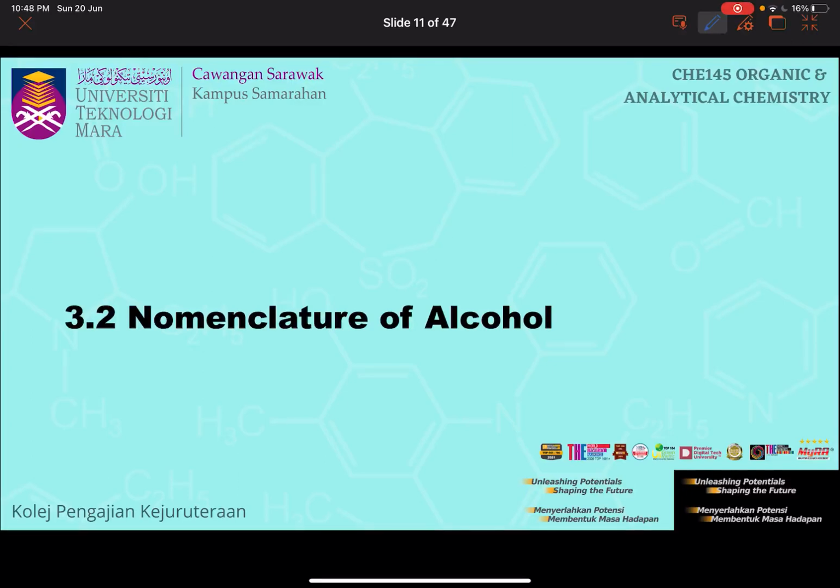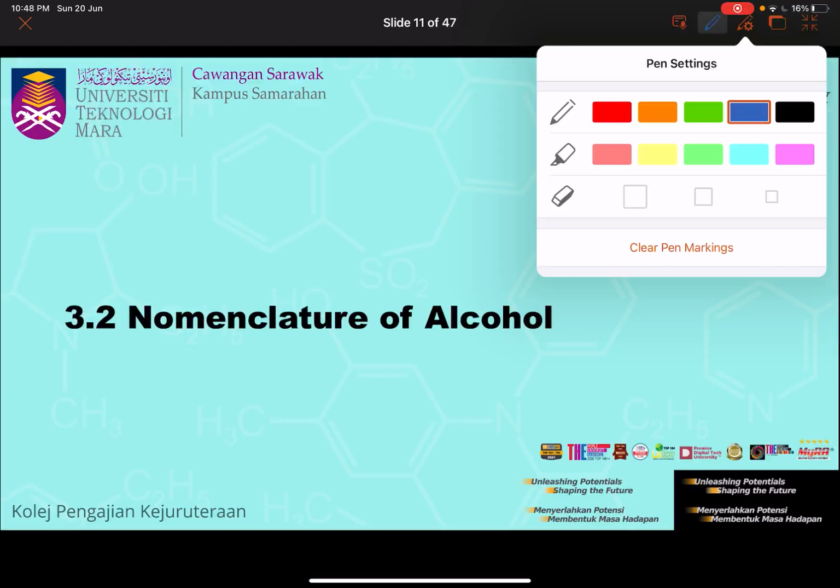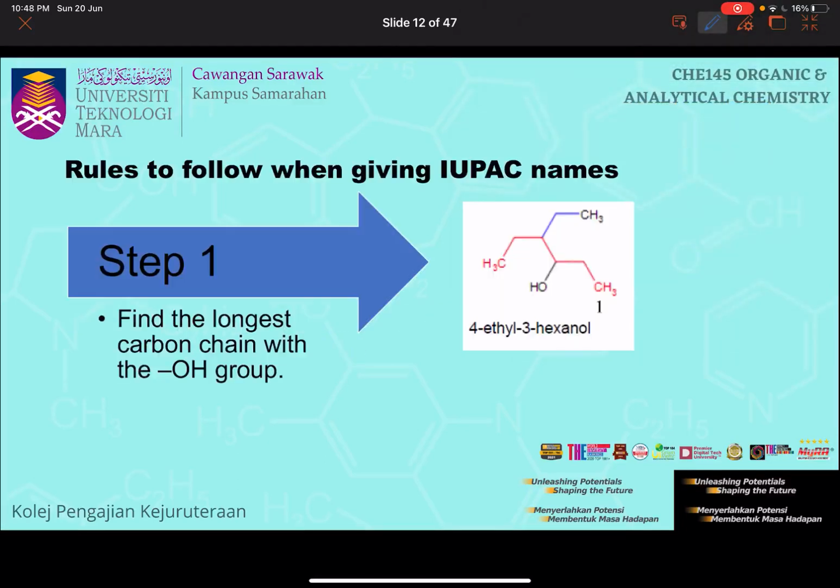Now we go into the nomenclature of alcohol, also known as naming. What are the rules to follow when giving IUPAC names? First, it's similar to what we have done in alkane, alkyne, benzene and also carbonyl.